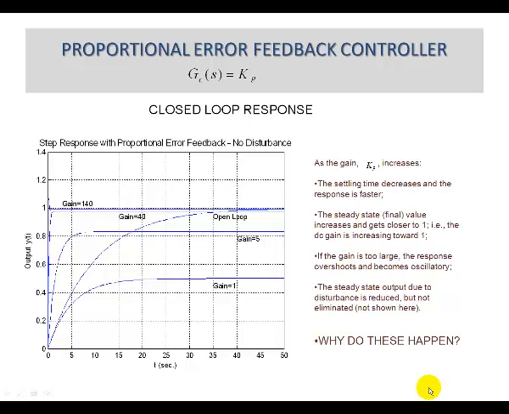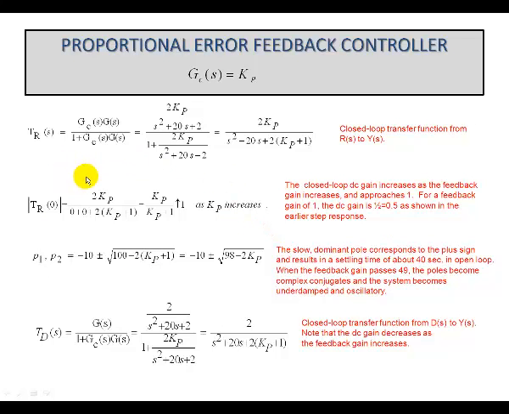So why do these characteristics happen? Can we explain them using the theory that we have learned so far? Let's first obtain the transfer function from the input R to the output Y. Here we're calling it T sub R of S. And from our work before, we know that for a feedback configuration, this is the formula that we need to use in order to obtain the transfer function from input to output.